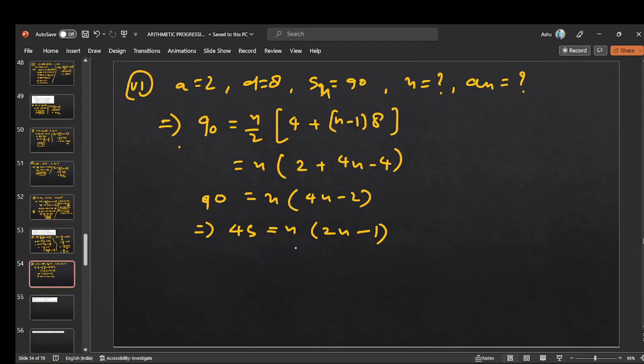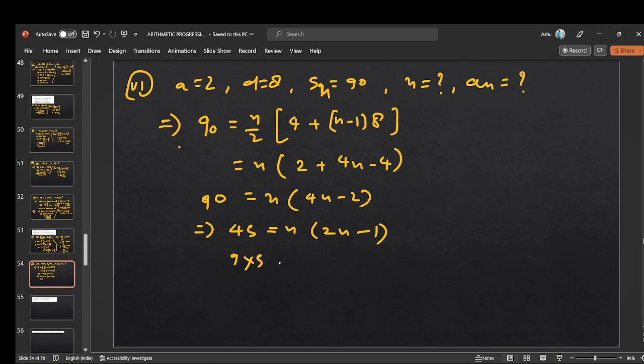If we put some value, we can get this answer. Clear? Directly, 9 into 5 is 45.